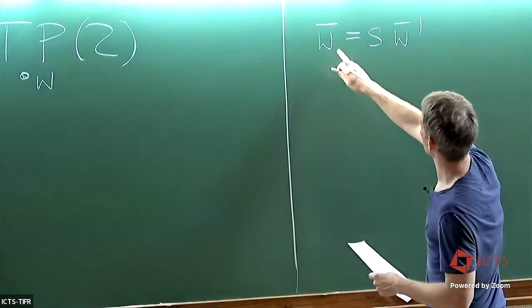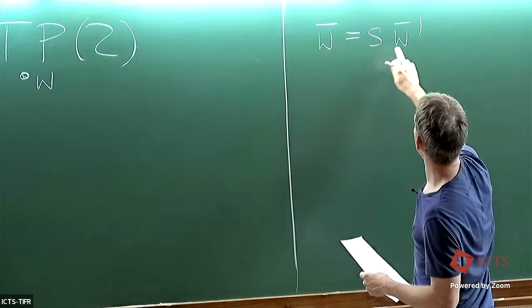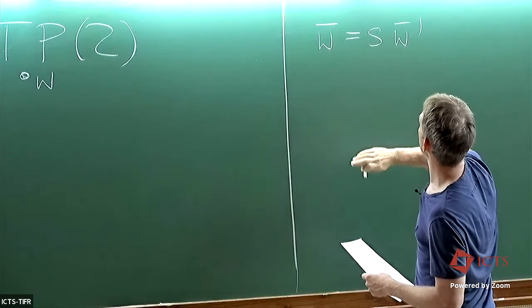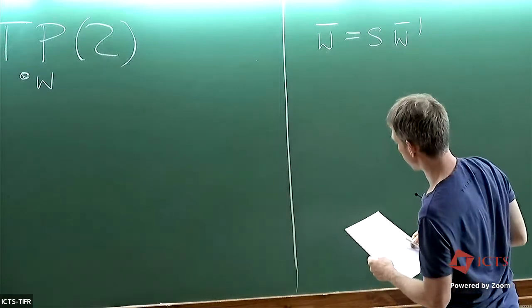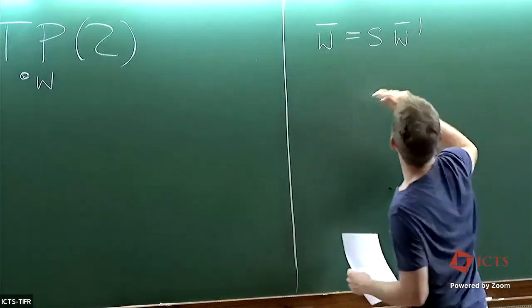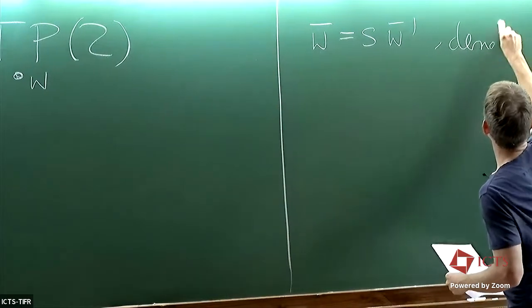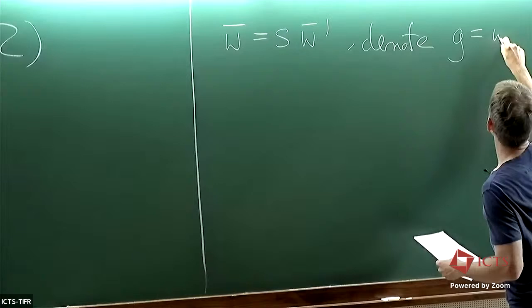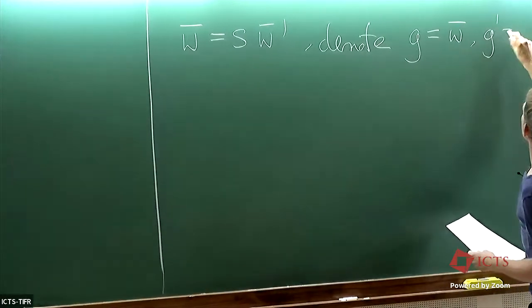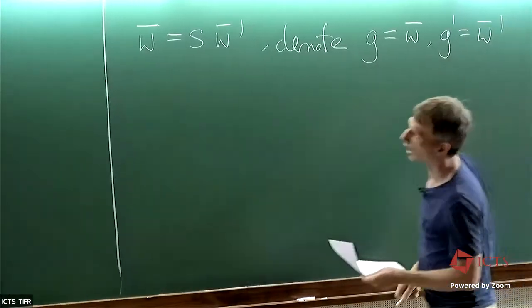And we are supposed to show that if w and w prime are in the language, then these two words, w and s w prime, fellow travel. So denote, as for the first part of the fellow traveler property, by G the element w bar and by G prime the element w bar prime.